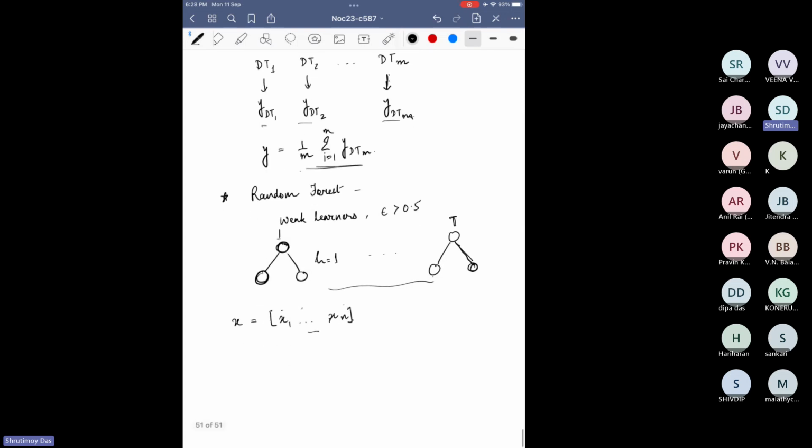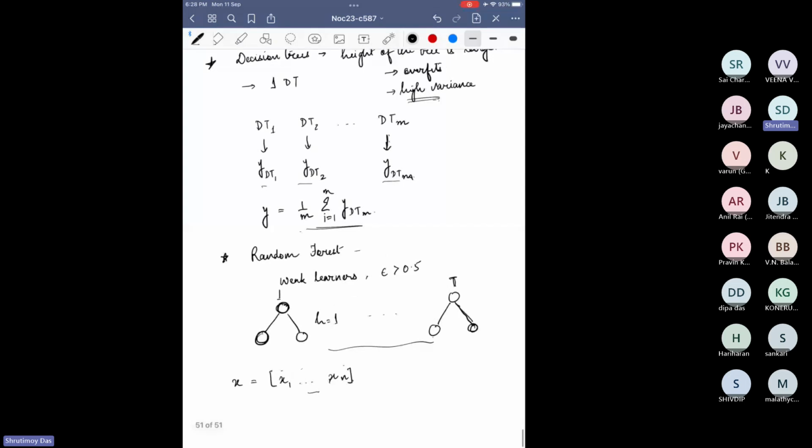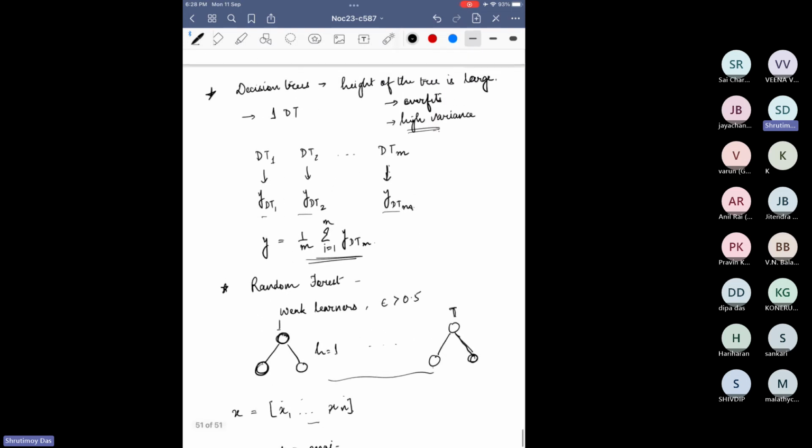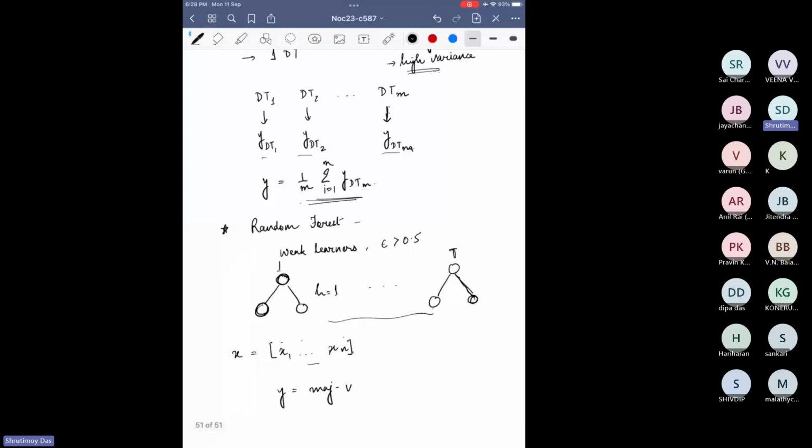Once you get that, you combine their outputs, either using this or some majority voting, so whatever the majority decision of these trees is. Here, since each of these trees has very low depth, they will have very high bias, right?